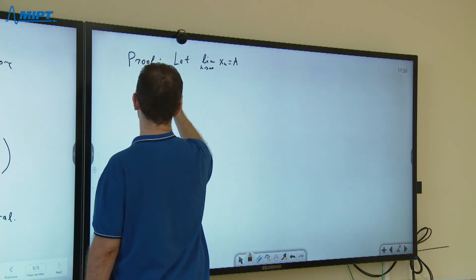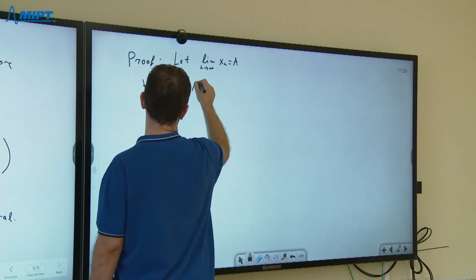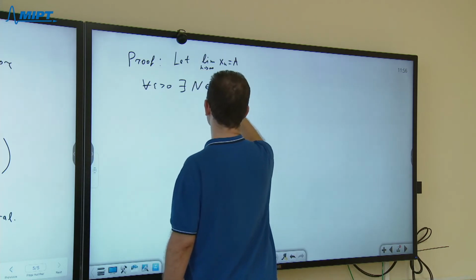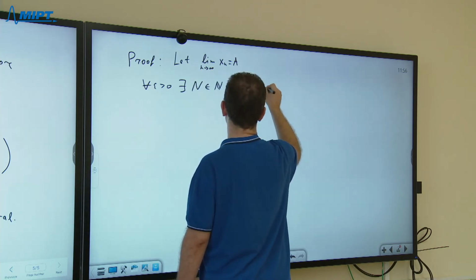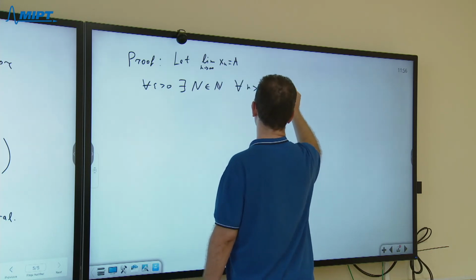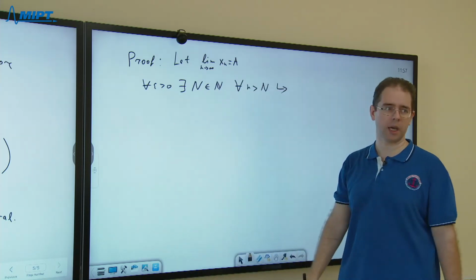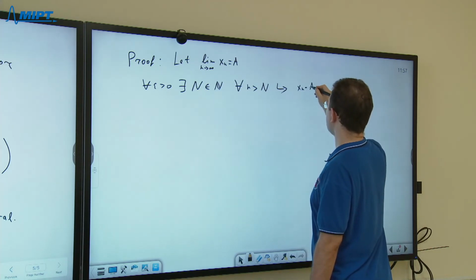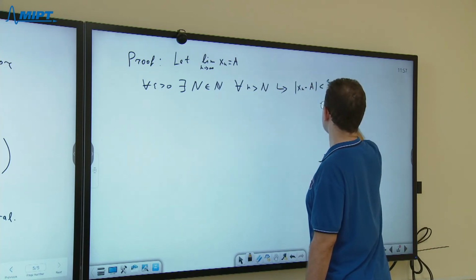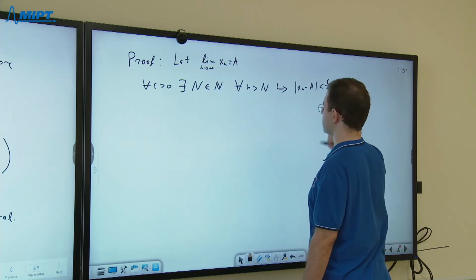For any epsilon greater than 0, there exists capital N such that for any n greater than capital N, it follows, and once again I'm using this trick, that |xn - a| is less than epsilon divided by 2.